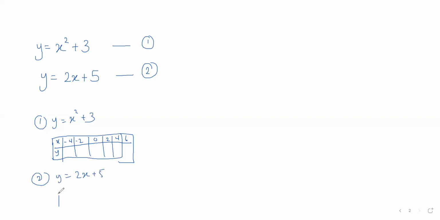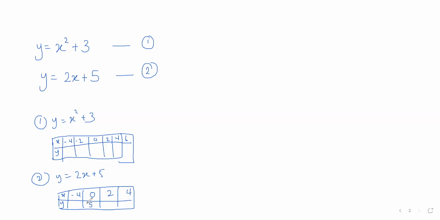What numbers? It can be any numbers because this is a straight line. So I'm just going to take roughly 4 numbers, but it should be around the same range. So let's say -4, 0, 2, and 4.